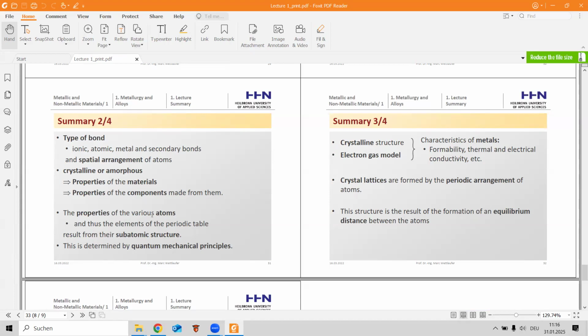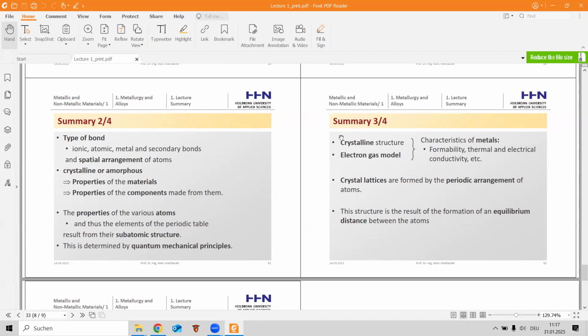So the properties of the various atoms, and thus the elements of the periodic table, result from their subatomic level. It is on the order of 10 to the minus 6 meters, or micrometers, and this is determined by quantum mechanical principles.